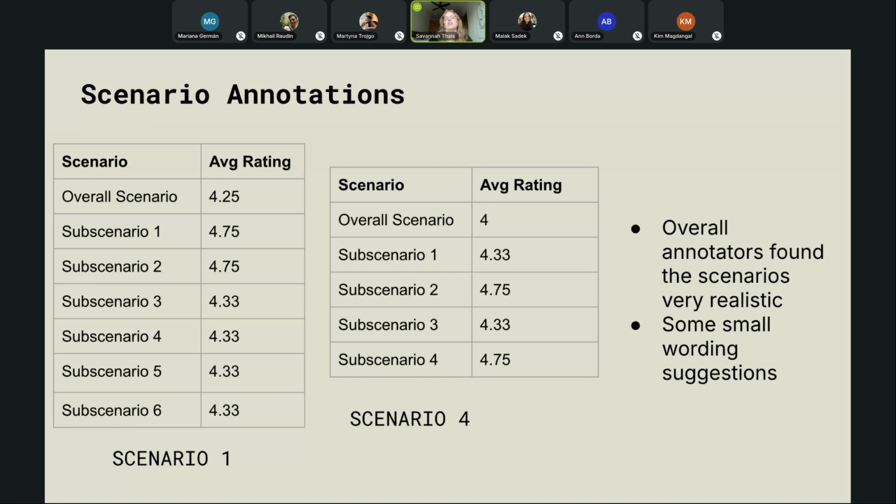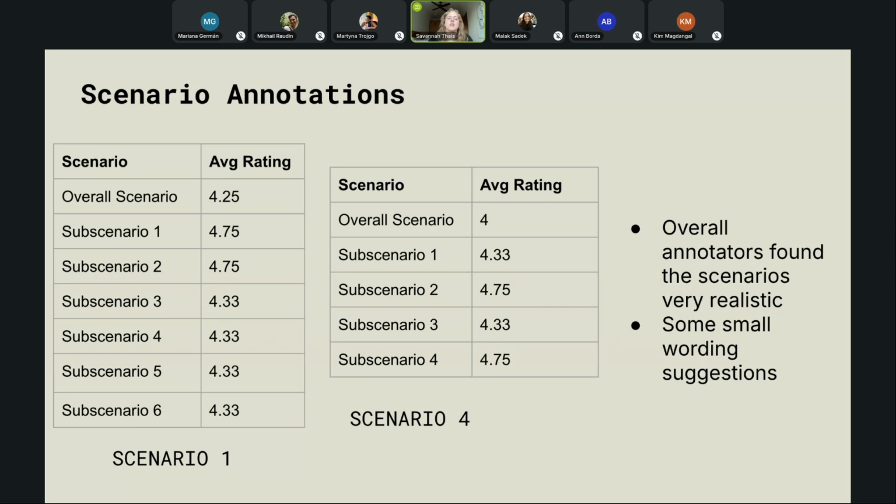So they're rating the realisticness of the scenarios and sub-scenarios on a scale from 1 to 5. We average over 4 for all of our scenarios that we looked at. So we consider this a strong signal that our scenarios are realistic. We consider average scores above 4 to be good enough for the realism of the scenarios.